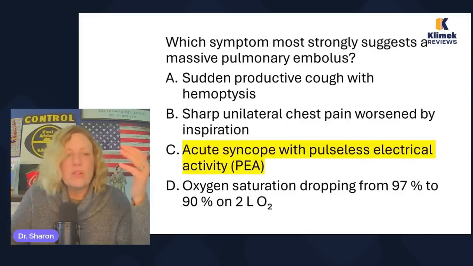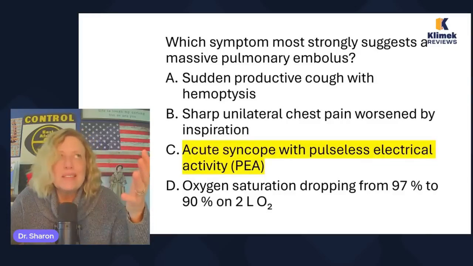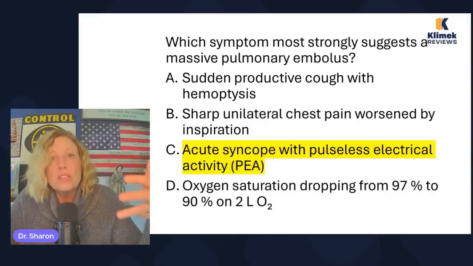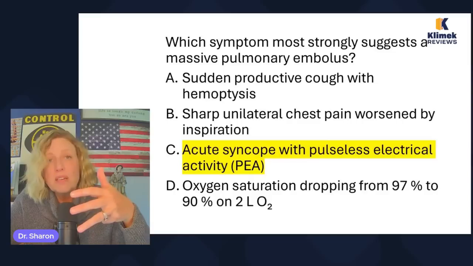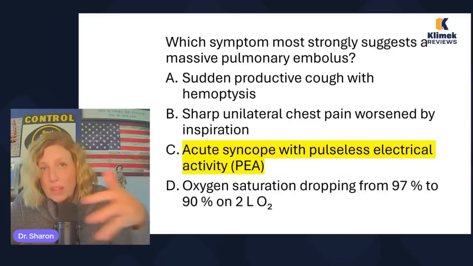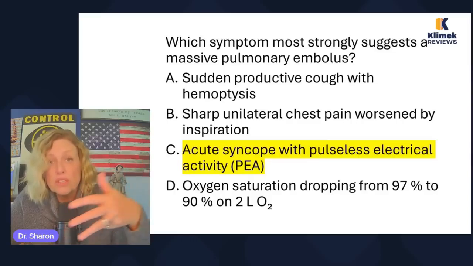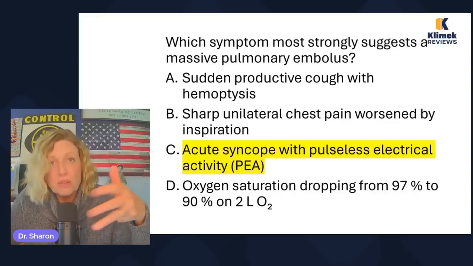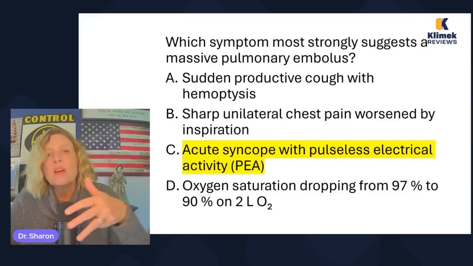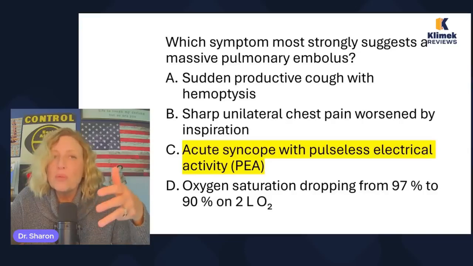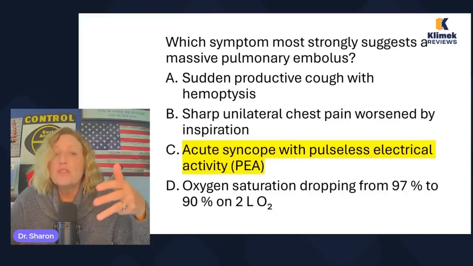The reason I want you to know this is because it's not even really for the NCLEX. It's more for real life. When people develop pulseless electrical activity, it means they have an electrical rhythm, but no pulse. In other words, their heart is not responding to the electrical conduction in the heart. You have to do CPR, but you're never going to get them back to a normal conduction unless you figure out why.